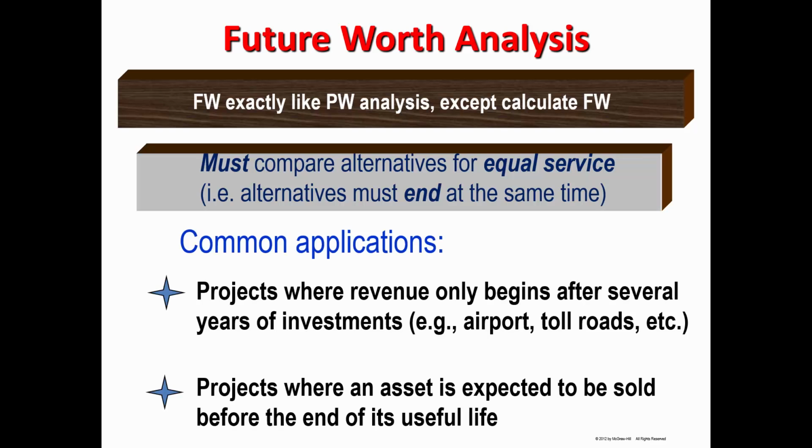The reason we might do that is that sometimes there are projects that last for a really long time, and the construction phase alone is a multi-year project. If you think about building a road or a bridge or a very tall high-rise building, those may require years of outflows at the beginning, and in those cases, sometimes it's important for us to know the future value, maybe once the construction is completed.